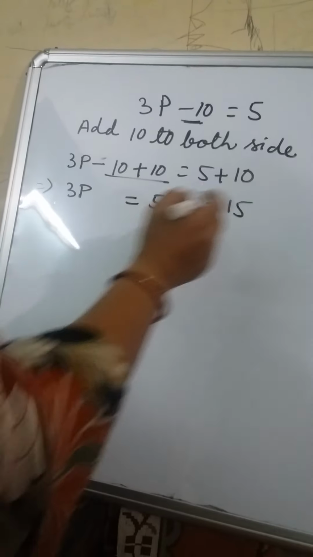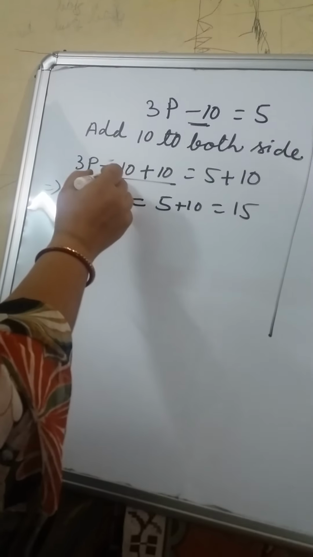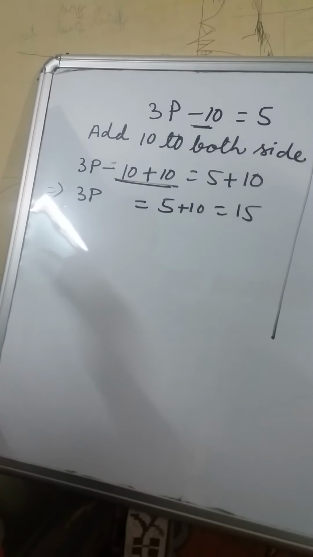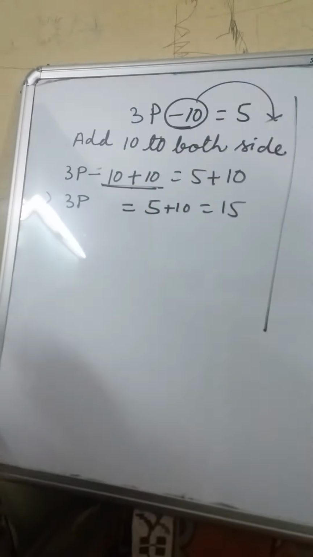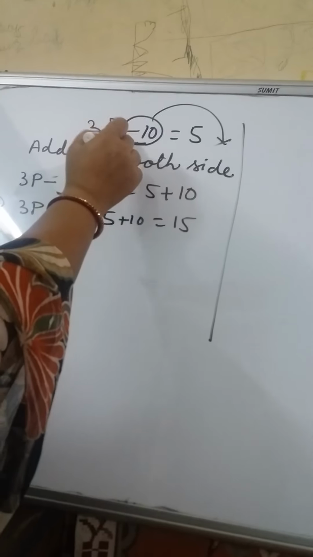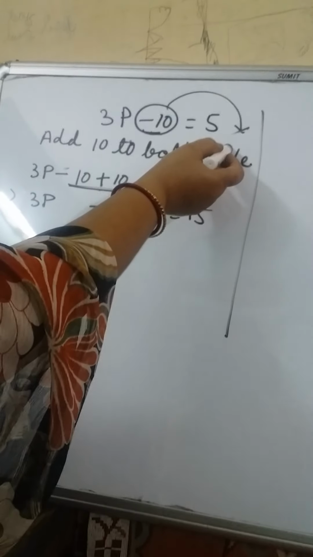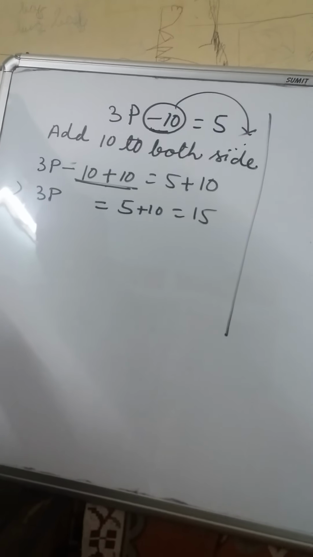Now, other than this adding, what we can do is shift this number to the right hand side. This shifting from left hand side to right hand side, or from right hand side to left hand side, is called transposing.